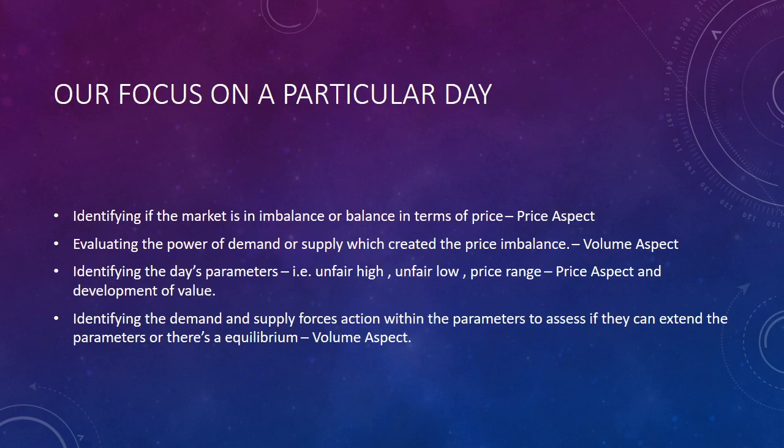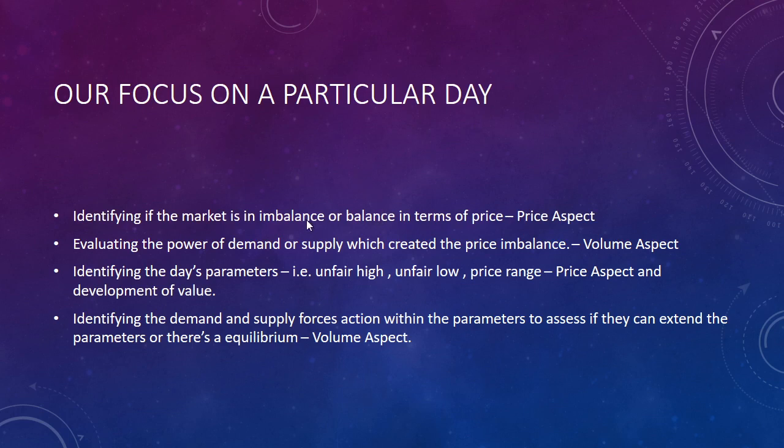So the next thing, after the types of market players, is what should be our focus? Our focus is to analyze the price aspect and the volume aspect on a particular day, and anticipate the price movement. On any given day, the first thing that we want to know is whether the market is in imbalance or balance.